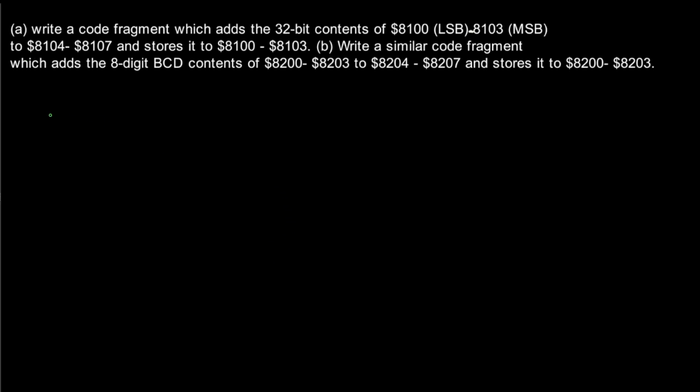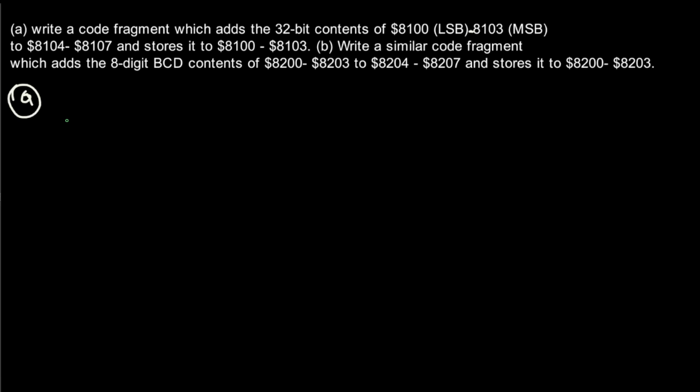First, let's deal with the A part. In the A part, it's mentioned it's 32-bit. It means we have to divide this into 4 parts, because when we are using accumulator A, we have to take care of 8 bits at a time. So if it's 32-bit, then we are going to have 4 parts.